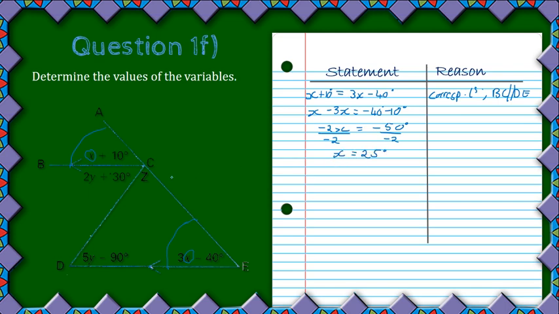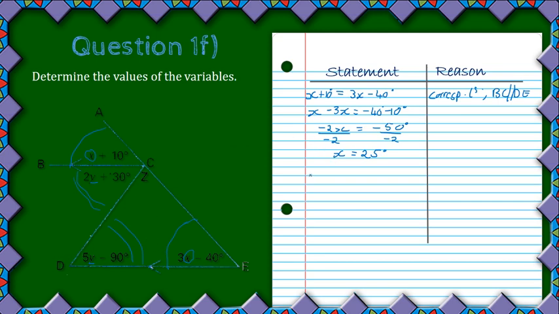Alright, and then we can go for Y. Now, if we look at Y's, there's a Y over there and over there. And then what relationship do we have between these two angles? If I look at this angle over here and this angle over here, what does that form? That forms a Z. And that means they are alternate angles, which means since BC is parallel to DE, they will be equal to each other.